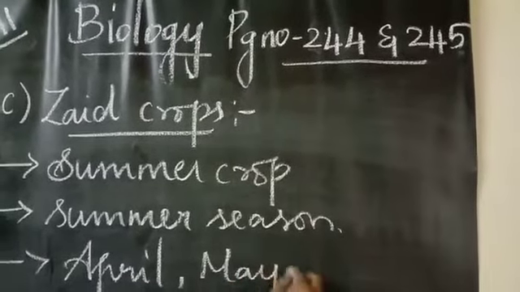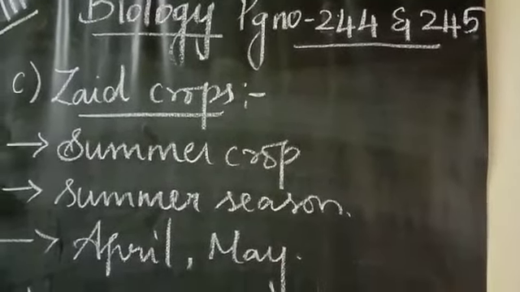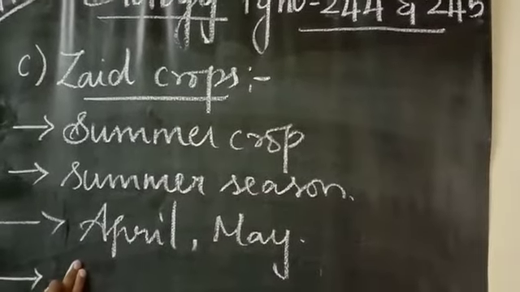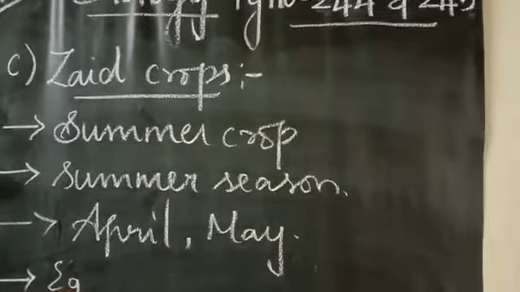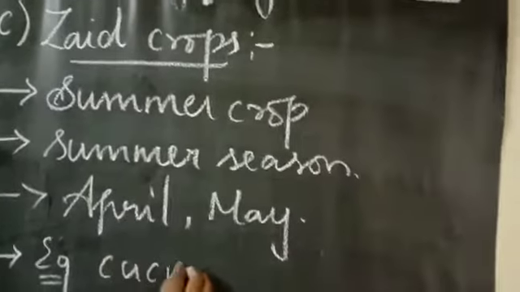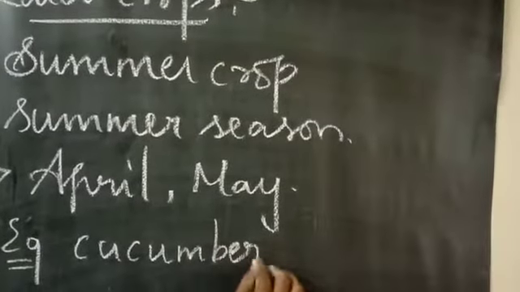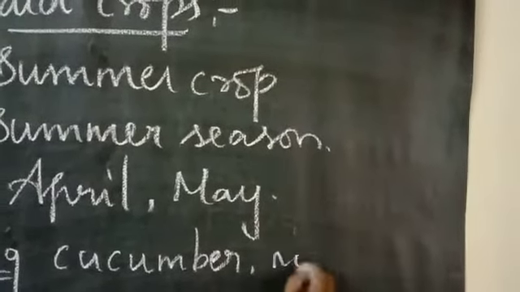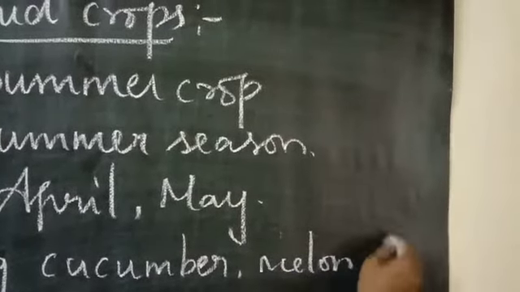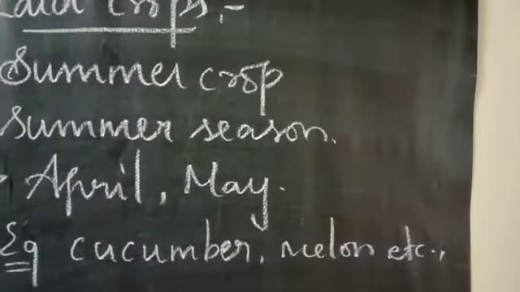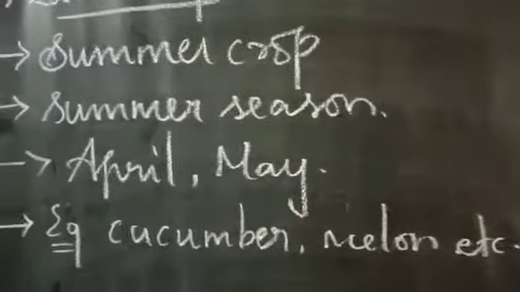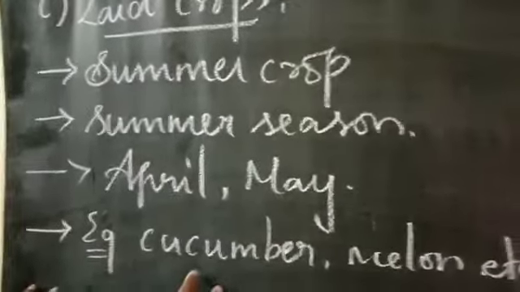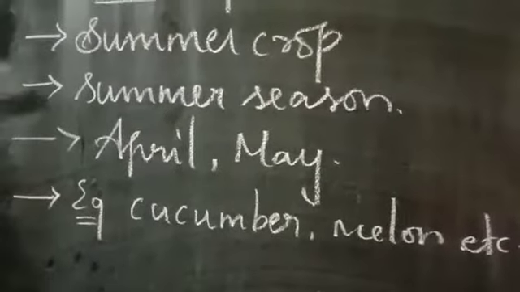It will be too hot. This is called the summer season. Even March we can add here. And the best examples are cucumber, watermelon, etc. Like water-rich fruits will be grown during this season. This is called Zaid crop.